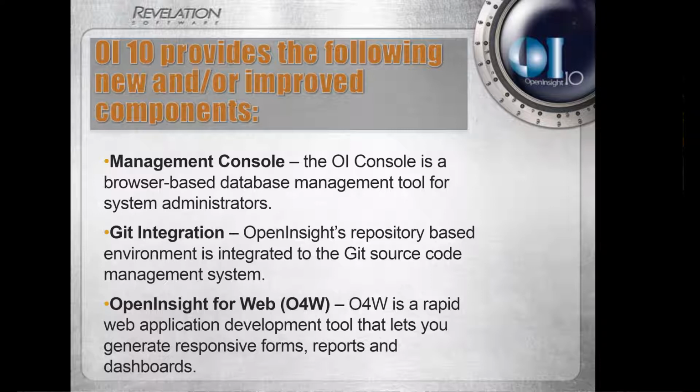We've also tightly integrated into our development process and into OpenInsight itself an interface into Git. Because OpenInsight is repository-based, it lent itself very nicely for our development methods to use the Git interface, which is an open source product, to manage our source control and distribute product. We'll have a discussion about how we do that later in the webinar.